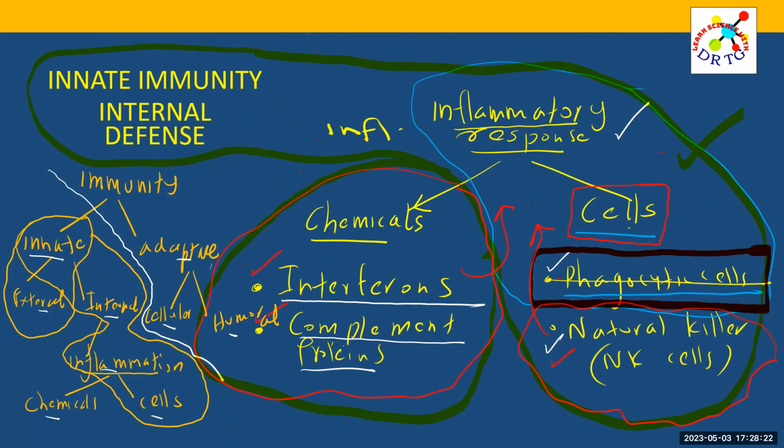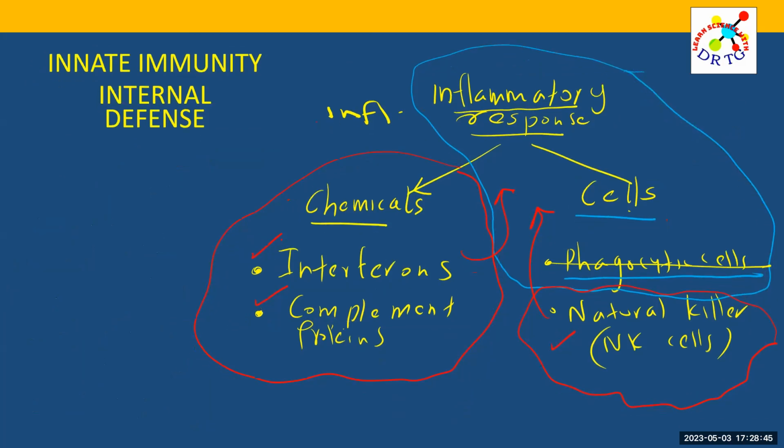They only support phagocytic cells to kill. So we have learned in many places about phagocytosis. Phagocytic cells are very strong cells. All other cells and chemicals are trying to give enough support to phagocytic cells to kill them.